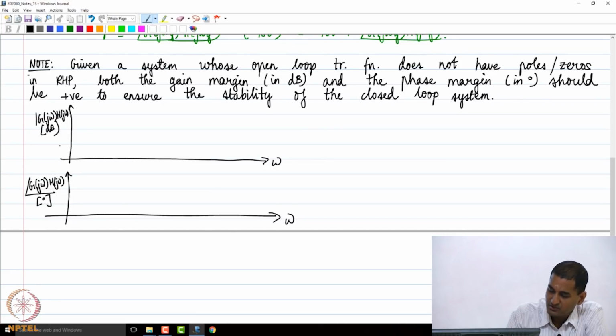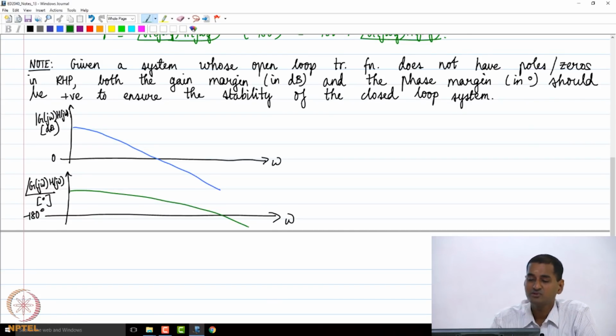Let us say this is the 0 decibel value for the Bode plot, and this horizontal line represents -180. Now I draw the magnitude plot and the phase plot in this manner.